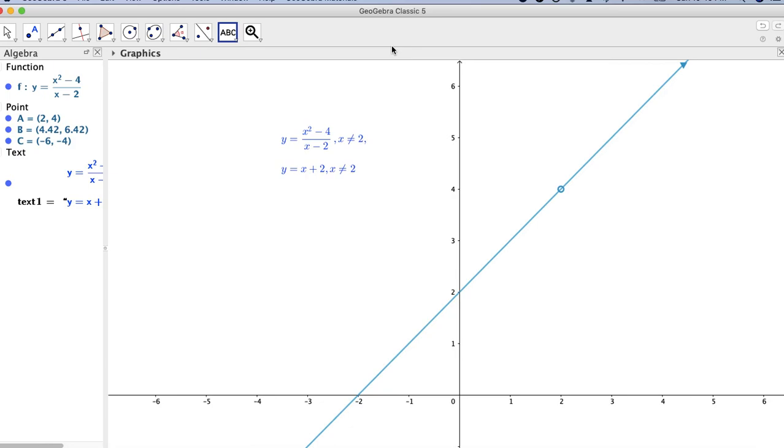So what I would like to draw your attention to is that this is just the equation of a linear function. So I have graphed a linear function. Well, what's the significance that x can't be equal to 2? This is called a point of discontinuity. We are still not permitted to have an x value of 2.